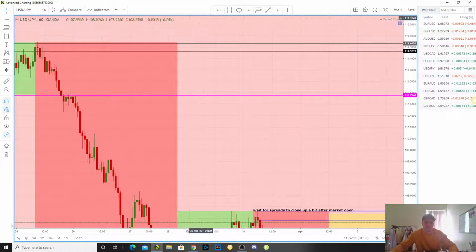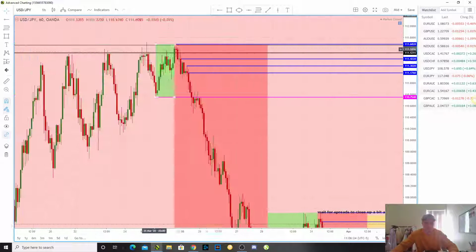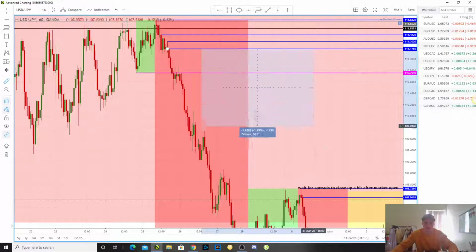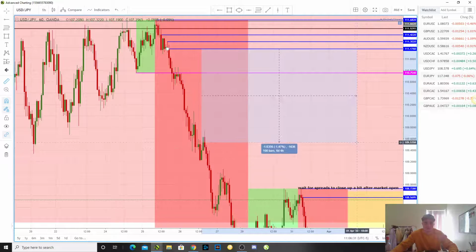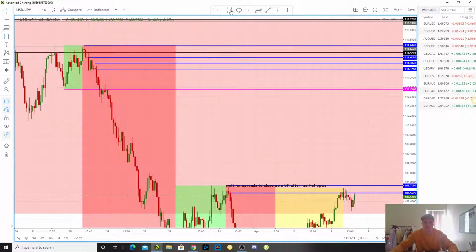Otherwise, the next level will be up here. Two levels there. So since I'm doing the one-to-one thing, I'll probably just end up taking this as a one-to-one, a two-to-one as a level on level.